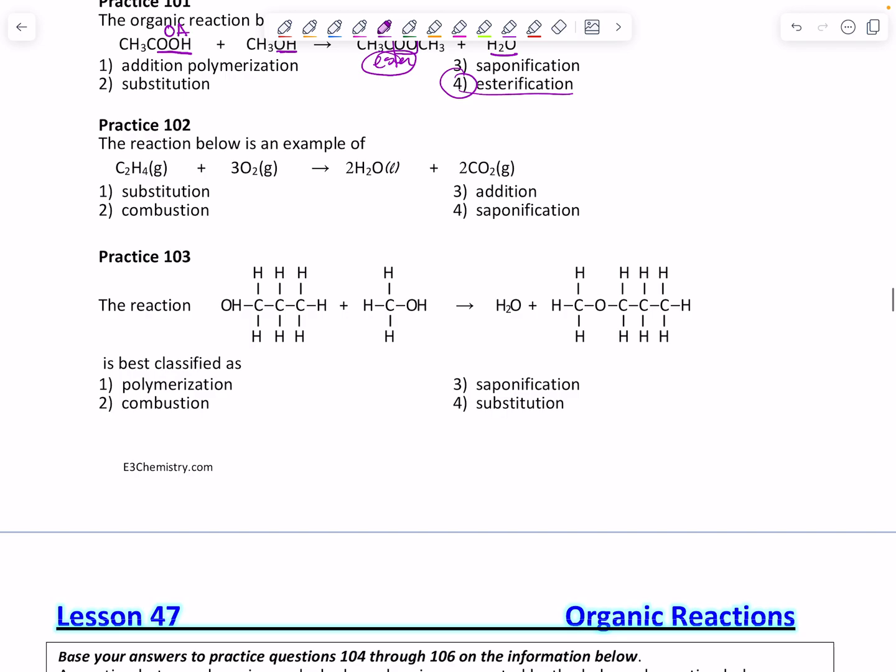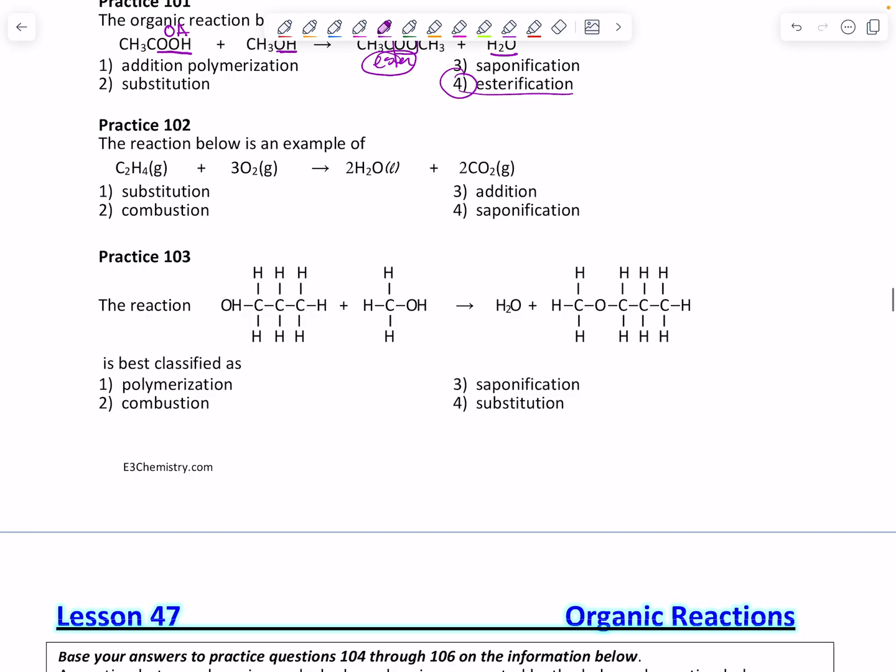All right, 103, the reaction, and they give us this reaction with the structural formulas drawn out, is best classified as, and it wants to know which type this is. So let's look at the reactants. Both of them are alcohols, they both have hydroxyl groups. If I look at the products, I got water, and then I have an ether. So this is probably an example where the hydroxide of one is going to bond with the hydrogen on the other, and it'll leave this oxygen to connect them to make the ether.